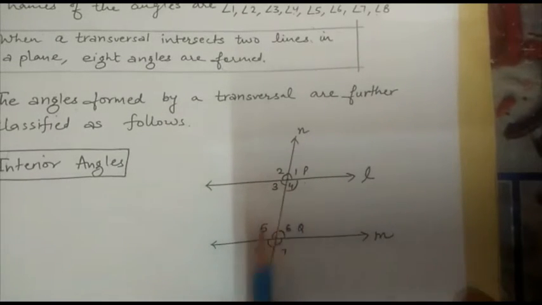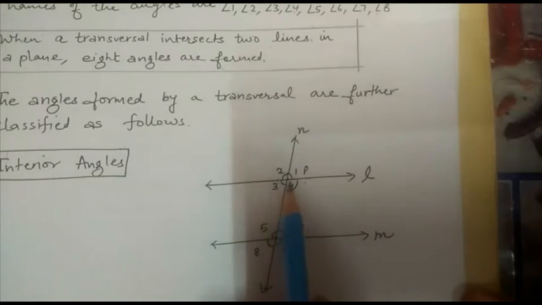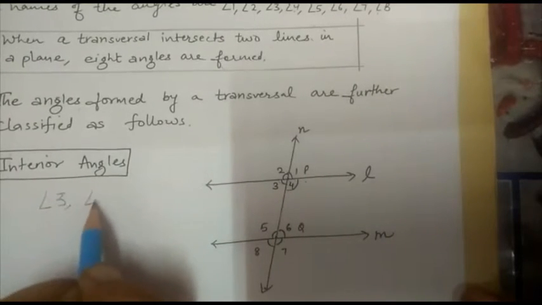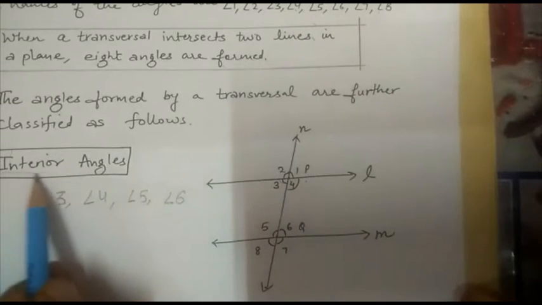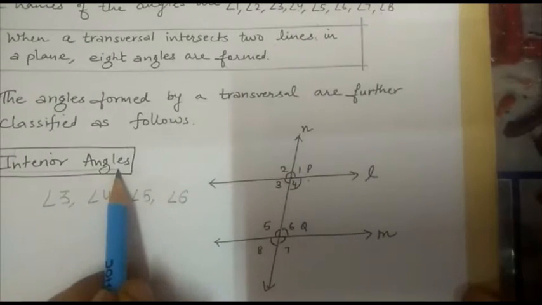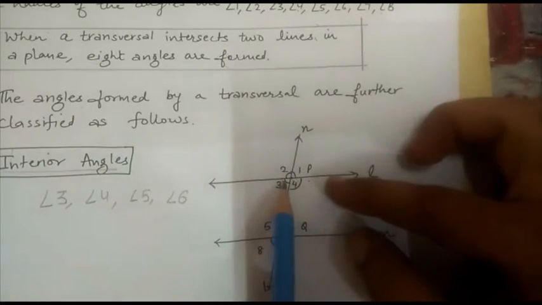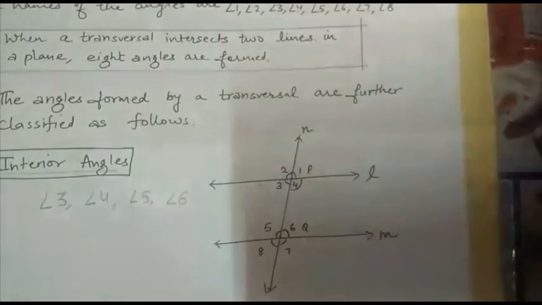Now here is point P and here is point Q. This line segment PQ is one of the arm of angle 3, 4, 5 and 6. So angles 3, 4, 5 and 6, all these are interior angles, or in other words we can say the angles which are formed in the interior of these two lines.